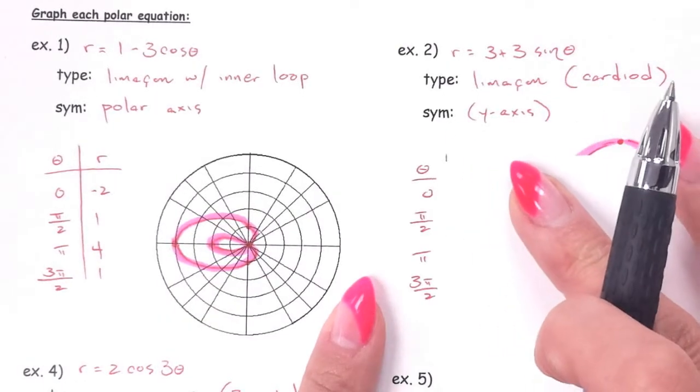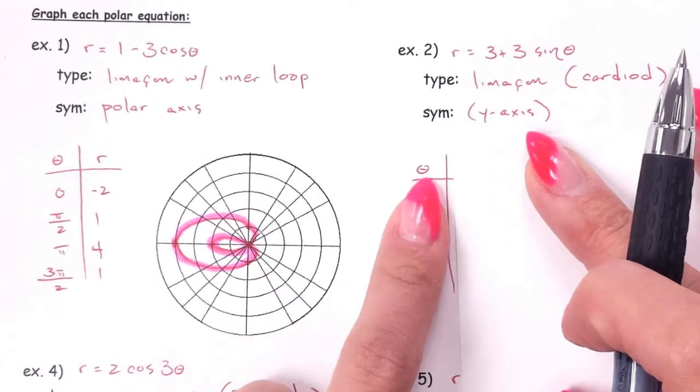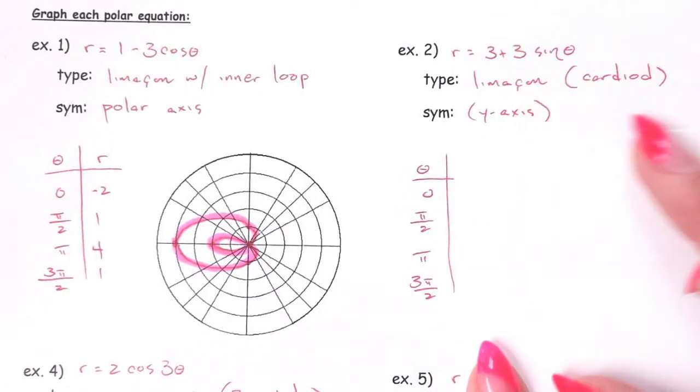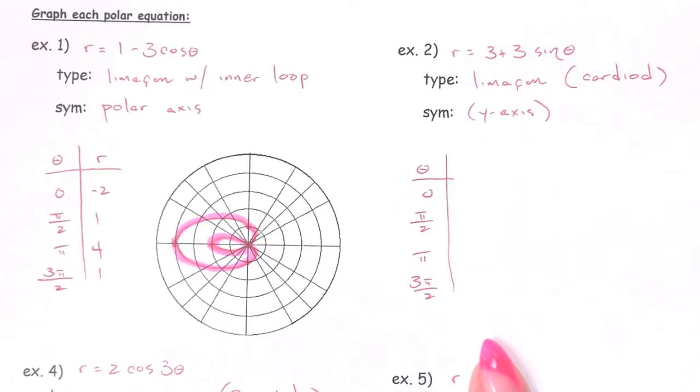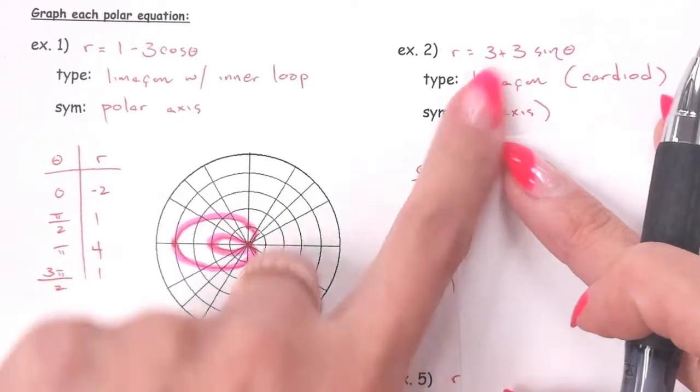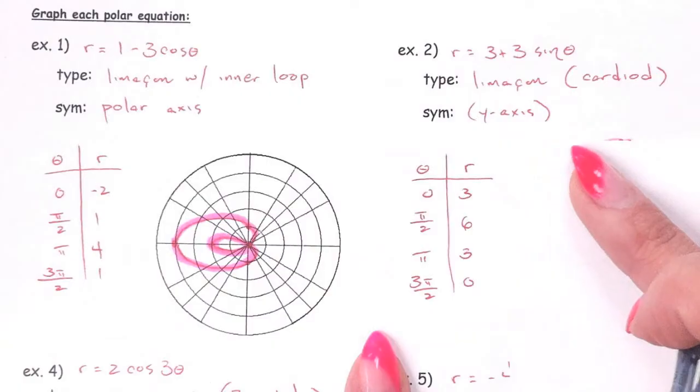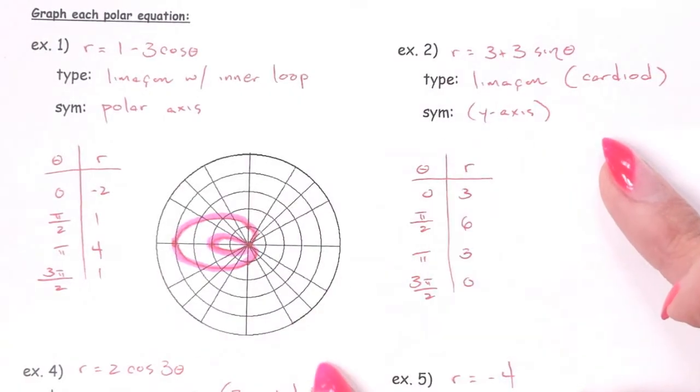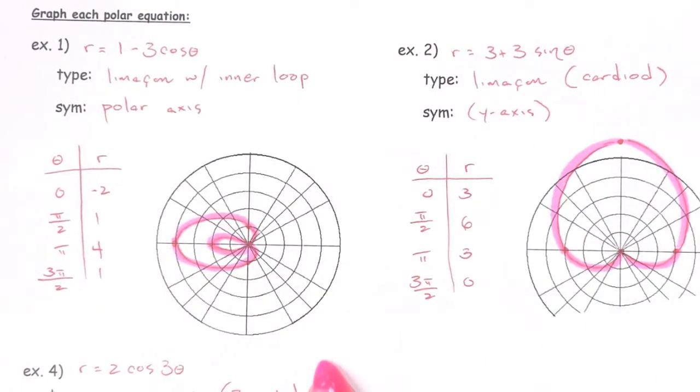And then your theta comma r. You should do this yourself. You should pause for 30 seconds, like now. And then you plug everything in, and then you get these values, and then you graph it, and then you get something like this.